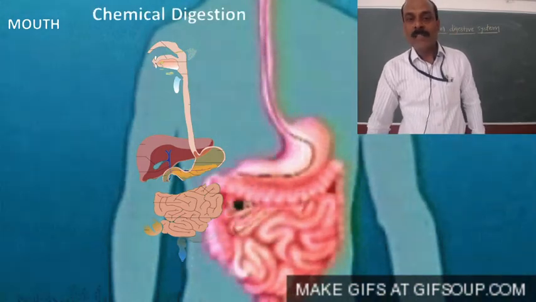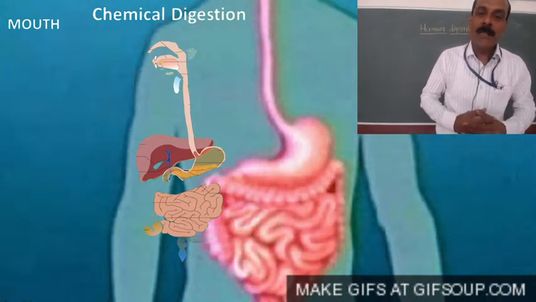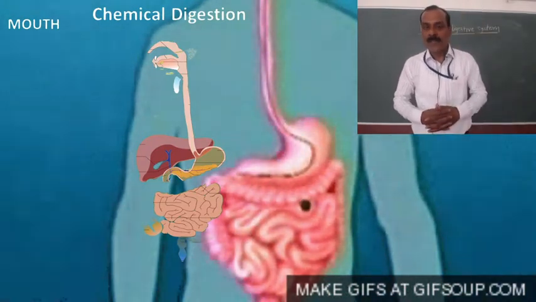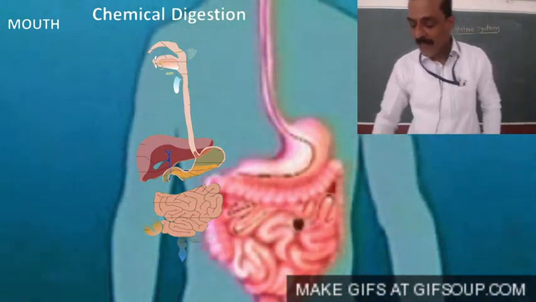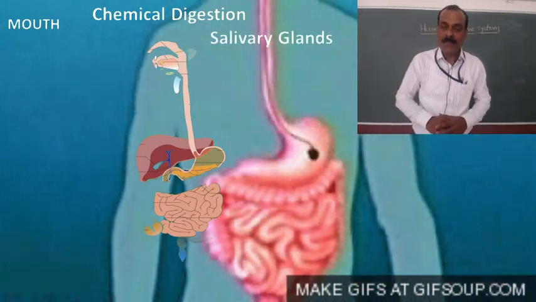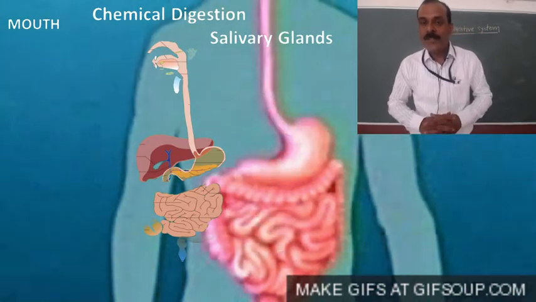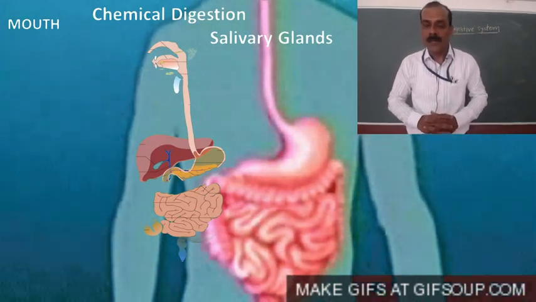Along with this, as I described earlier, chemical digestion also takes place in the mouth. In chemical digestion, the salivary glands play a very important role.